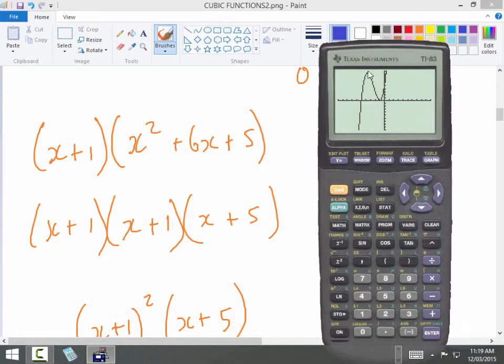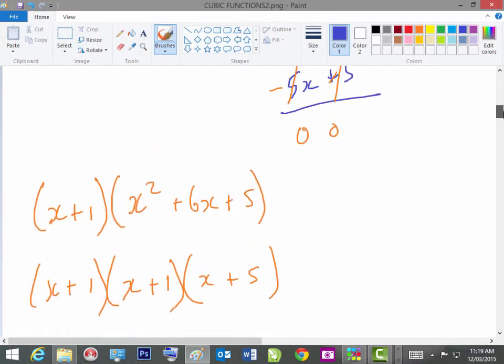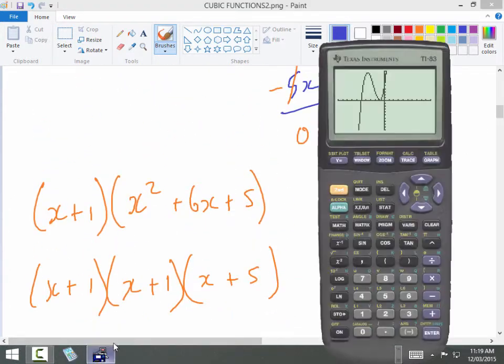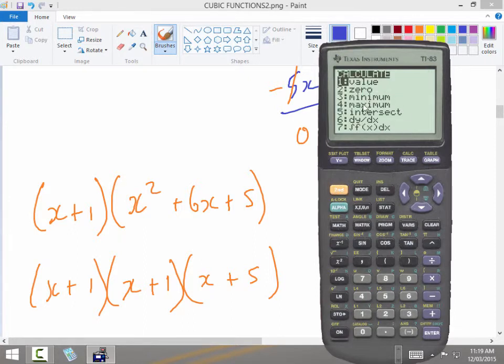Right, you can see this is similar to what we have here. And if you wanted to work out where the turning point is, where the maximum occurs, we can go second, calculate. Any graphics calculator will tell you whereabouts. You can work it out from that.